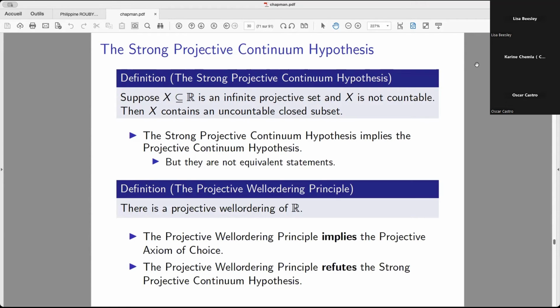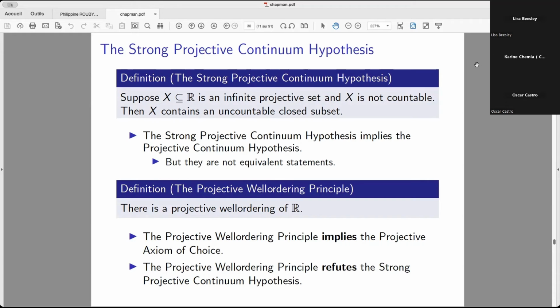Well, you can also strengthen the axiom of choice to the projective well-ordering principle. The projective well-ordering principle asserts that there's a well-ordering of the reals that's projective. Again, the well-ordering principle is key in set theory, and we're just localizing it.